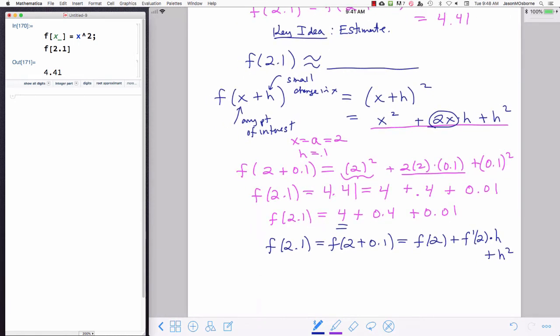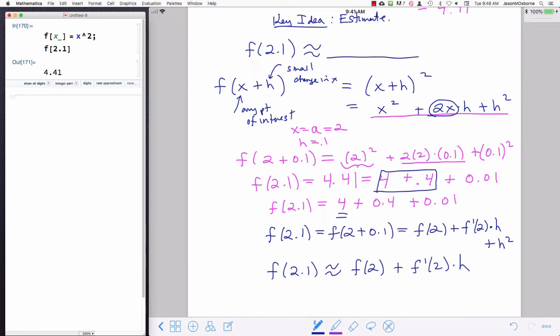Right? Which says that if you want to approximate the function at 2.1, it's approximately just these two numbers, the function evaluated at 2 plus f prime of 2 times h. Okay? So where h is equal to 0.1.